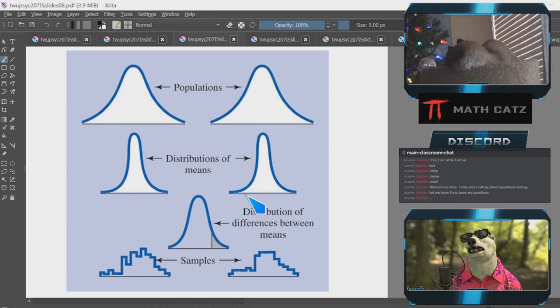Because their sample size is different, the distributions of means could be different. And in order to get that as accurately as possible, we pool the variance first and then go back to the groups separately. Then our comparison distribution is the distribution of differences between the means, which is a t-distribution again.